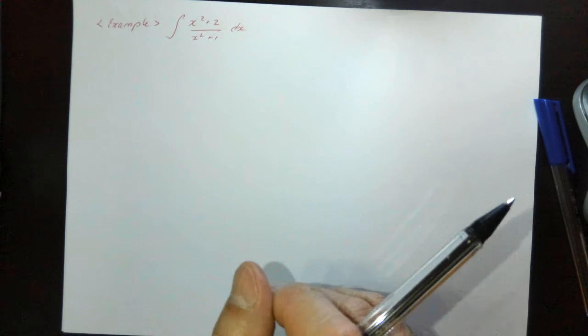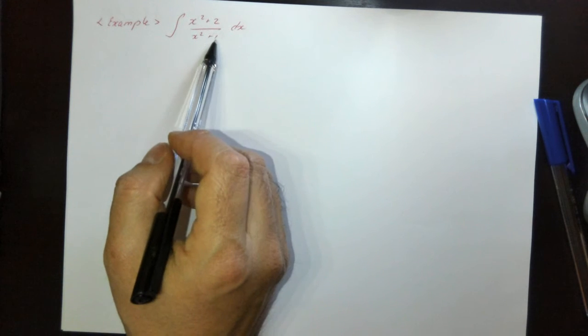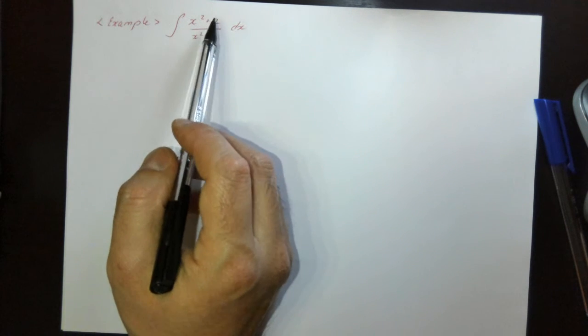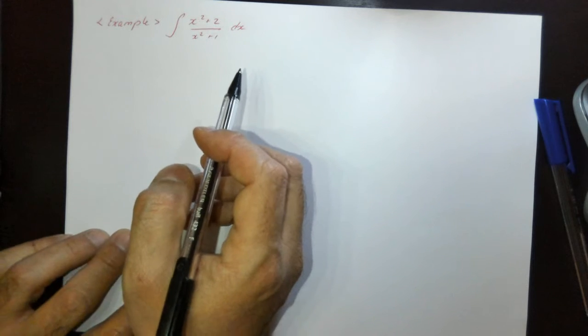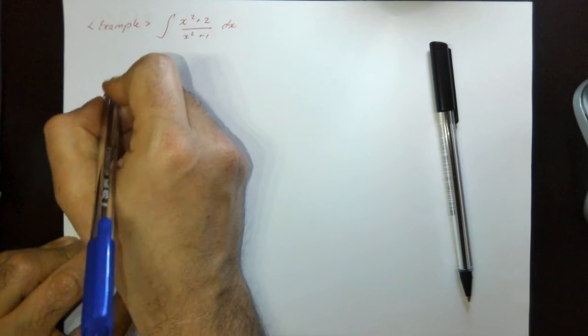Okay, here we have obviously a quadratic on the bottom which can't be further reduced, and we have another quadratic on the top. So the way we're going to do this is we're going to add one, take one.